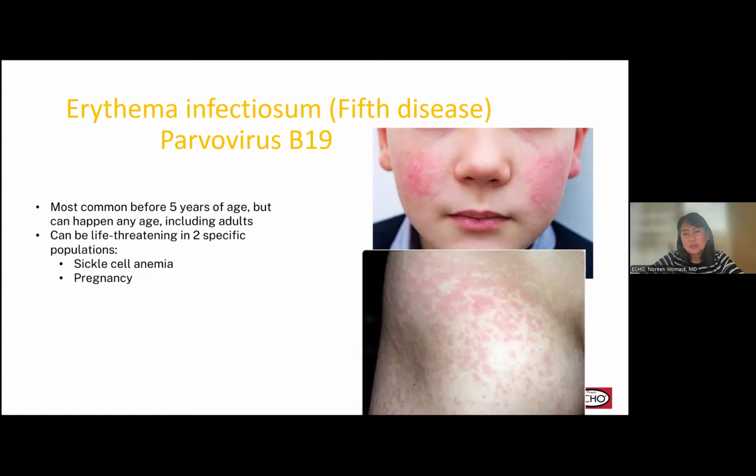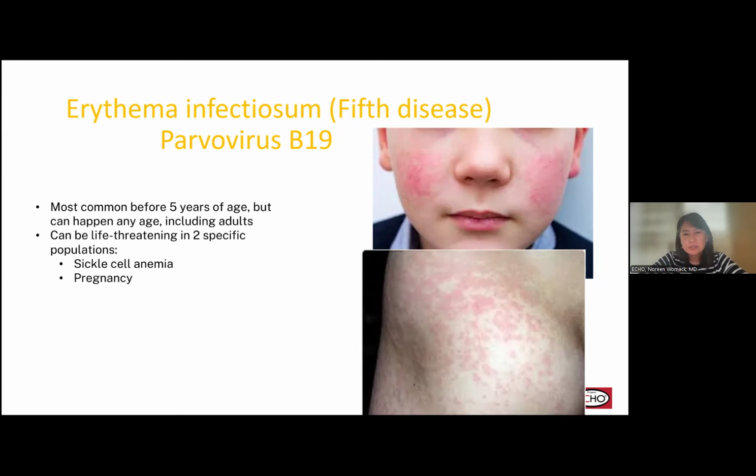So I had sickle cell patients where I trained in North Carolina who, when they got this very benign disease because the classroom had it, and everybody else was fine, were already starting with a hemoglobin of 8, and so they would get into crisis.